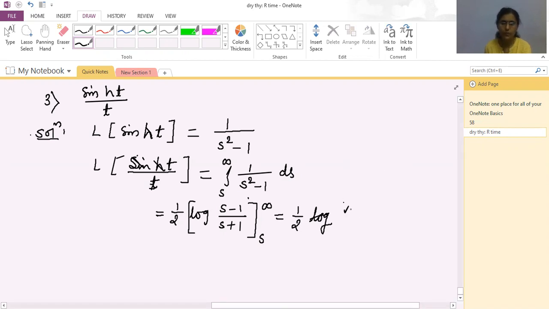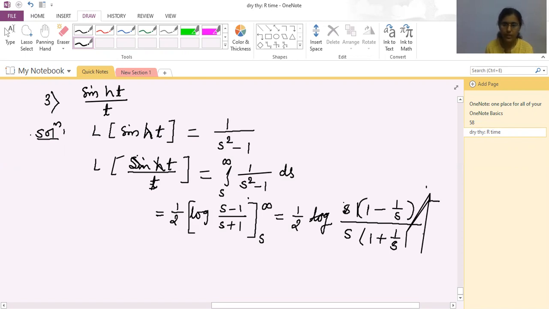When we take s common, that gives us 1 minus 1 upon s in the numerator, upon 1 plus 1 upon s in the denominator, between limits s to infinity, isn't it?